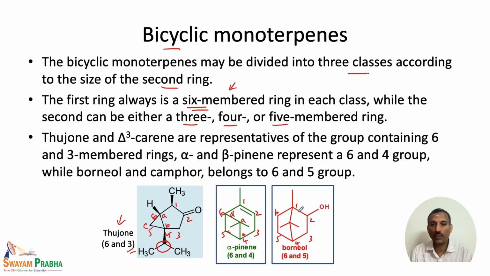This is a 6-membered ring, and we also have A, B, C, D and E. This is the 5-membered ring. So, the 6 and 5 combination is also there. These are some of the examples of the 6-3, 6-4 and 6-5 combinations. That means the bicyclic monoterpenes are shown here.